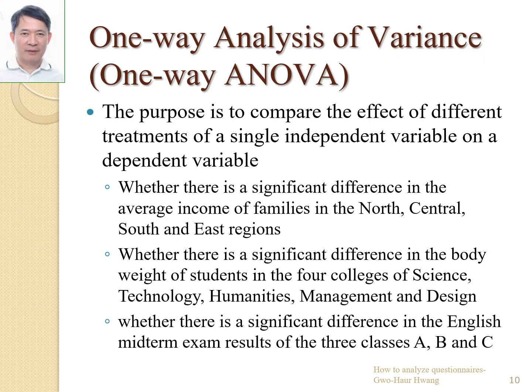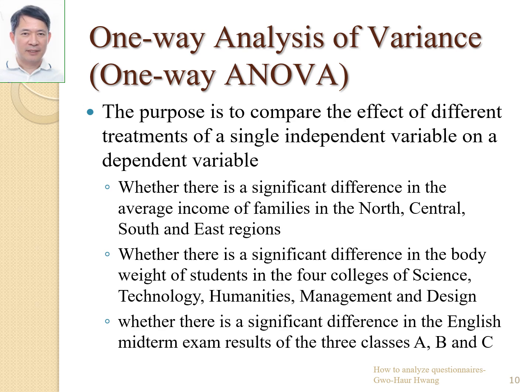One-way analysis of variance, ANOVA, refers to whether an independent variable will affect a dependent variable. For example, whether there is a significant difference in the average income of families in the North, Central, South, and East districts, with a total of 4 districts, each of which has an average income figure.